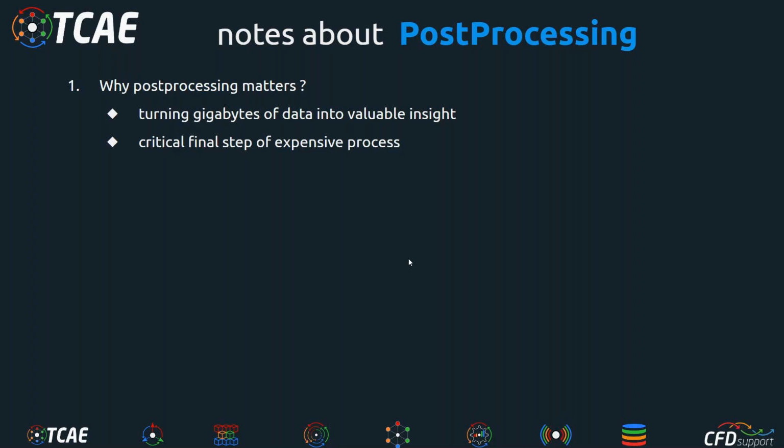So you do all the stuff from geometry creation, cleaning, meshing, and then setting the simulation, running the simulation. Everything is extremely expensive, and finally when you have the results done, when the results are simulated, then the post-processing comes, and it's extremely important because when you do something wrong at this last final step, everything that has been done before is ruined and wrong.